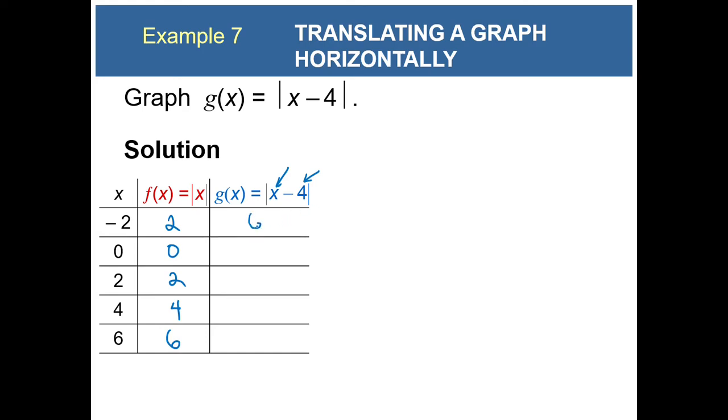Take the absolute value, it's positive 6. 0 minus 4 is negative 4. Take the absolute value, get positive 4. 2 minus 4 is negative 2. Take the absolute value, it's positive 2. 4 minus 4 is 0. That's just 0 when I take the absolute value. 6 minus 4 is 2. The absolute value of 2 gives us 2.